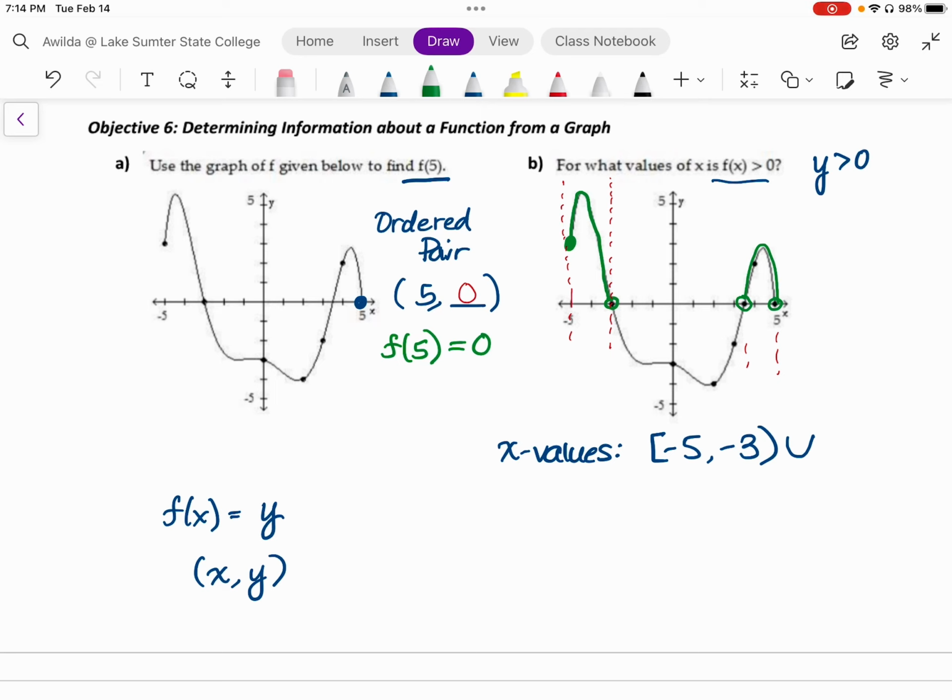So it looks like the next interval is going to go from about 3.5 to 5 for x, and I'm going to use open parentheses for both of those boundaries because neither boundary is included. Note that at those two ordered pairs, for example, at the ordered pair 5, 0, y is not greater than 0, but actually equal to 0 itself.